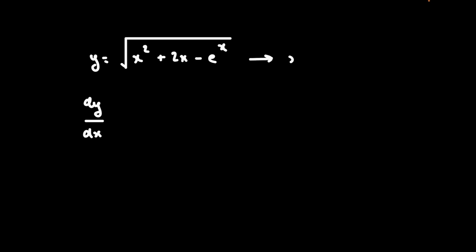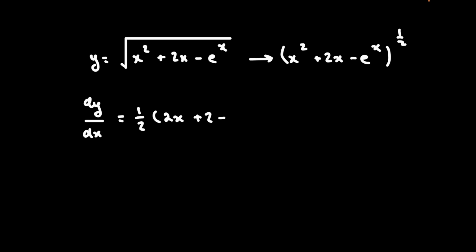So I would write it as x squared plus 2x take e to the x, all raised to the power of a half. Now to simplify, we bring the power to the front, times it by the derivative of the inside function. So the derivative of x squared is 2x, derivative of 2x is plus 2, and the derivative of e to the power of x is simply minus e to the power of x.